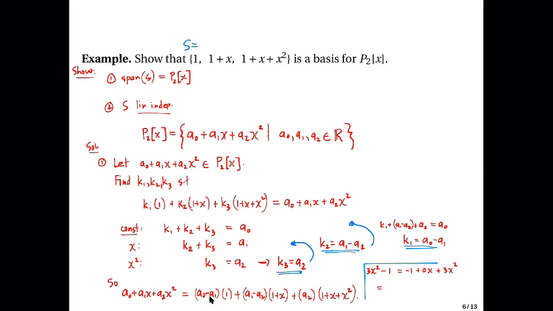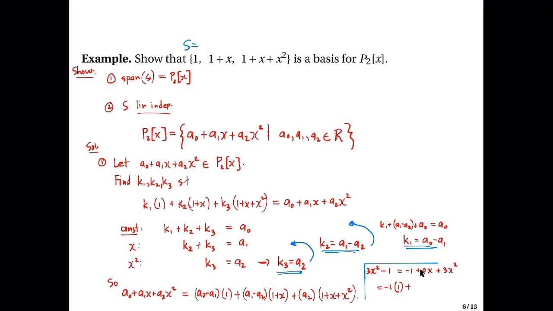So A0 minus A1. This is your A0. This is your A1. So A0 is minus 1. So we have minus 1 times 1 plus, for this part here, A1 minus A2. This is A1. This is A2.